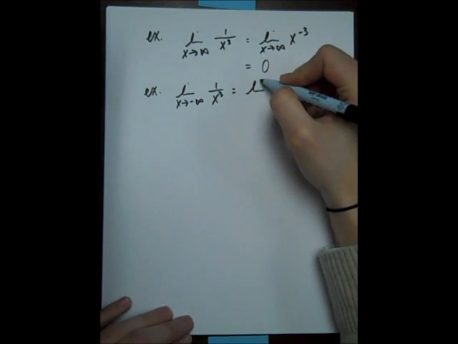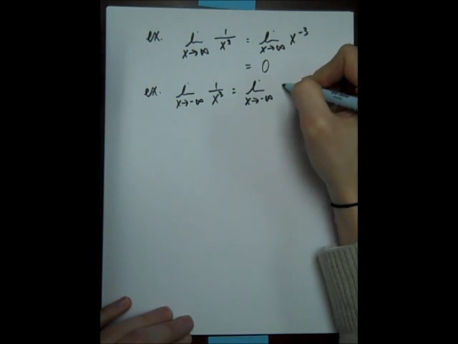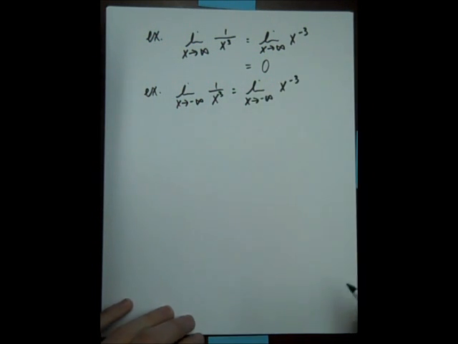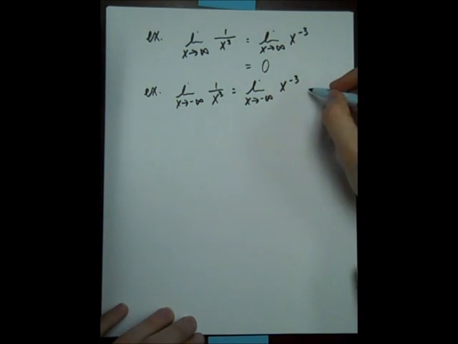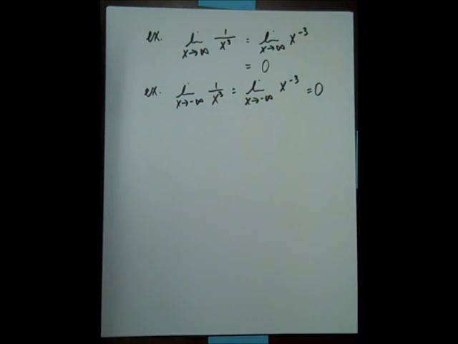Well, again, this is the limit as x approaches negative infinity of x to the negative 3. Since this is a whole number, I know that as I go towards negative infinity, it goes towards 0. That's what my theorem just told me. Now, if it's not a whole number, we don't know exactly what to do with that yet, but for now, that's what we can say. So now we know how to evaluate a limit as x approaches negative infinity of x to the negative n, where n is a whole number.